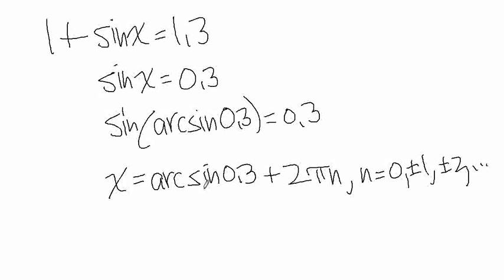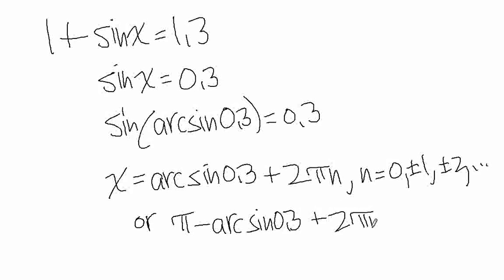So x can either be that, or x can be pi minus the arcsine of 0.3 plus 2 pi n, and that of course is also for n equal to an integer. Okay, so this solution is a little bit more complicated than the other ones.